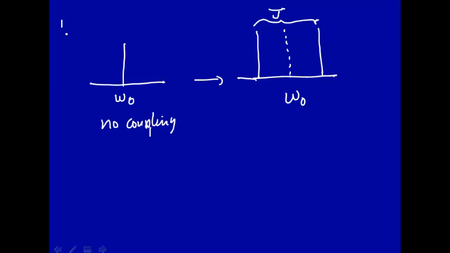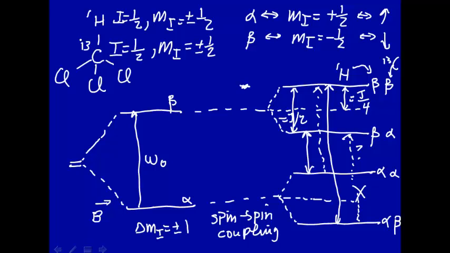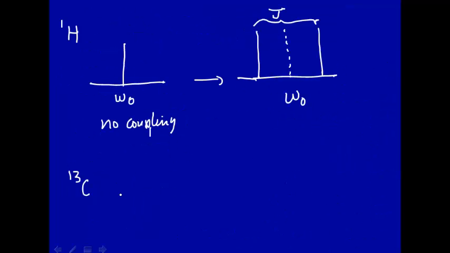And this is for the proton. Let's look at the 13C. Well, if we go back, what you can do is, instead of looking at the effect of carbon-13 on H, you can look at the effect of H on the carbon-13 spectrum, and it's exactly the same thing. You just switch the notation. I is equal to 1/2. You split it, and you split it again, and you get the same pattern. So, for the C13 spectrum, with no coupling, we'll see a single peak.